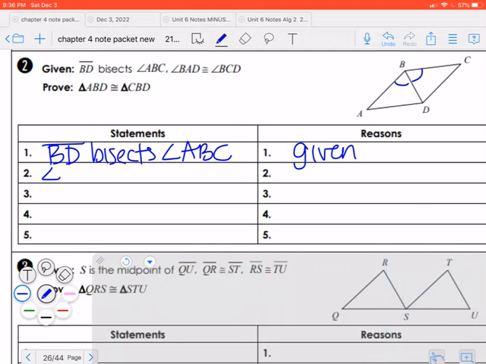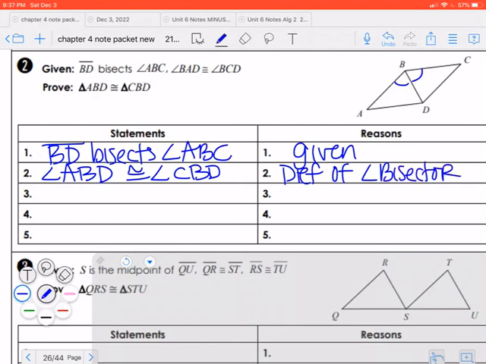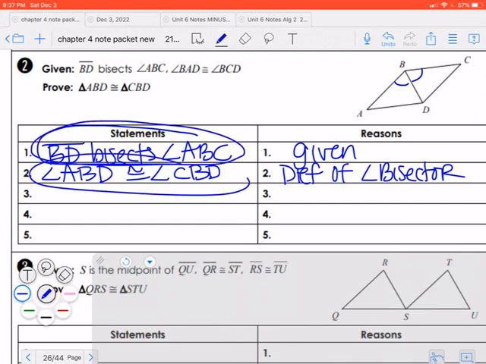The one on the left, angle ABD, is congruent to angle CBD. And that is by the definition of angle bisector. All right, so we had a statement that it's a bisector, so we can say the two angles are congruent.